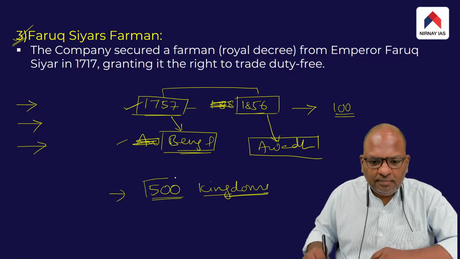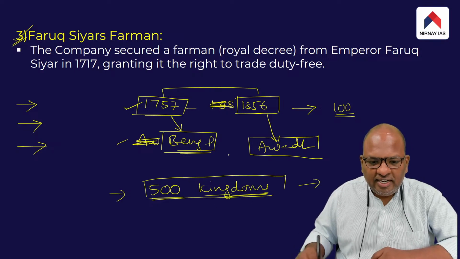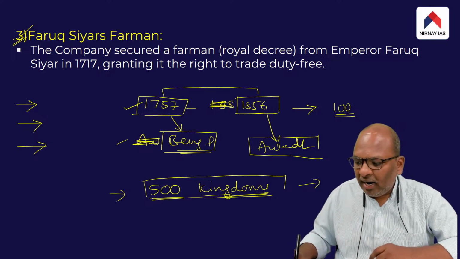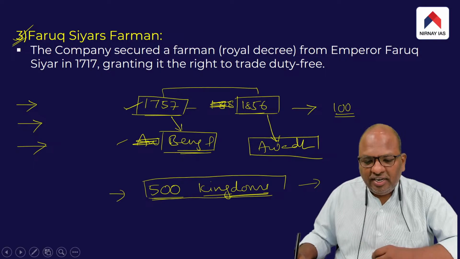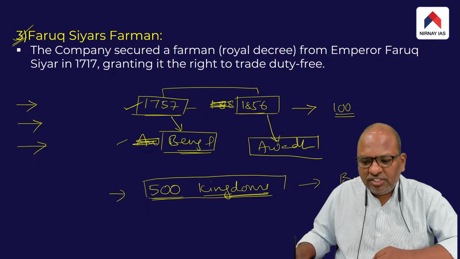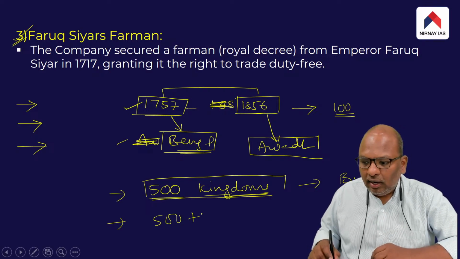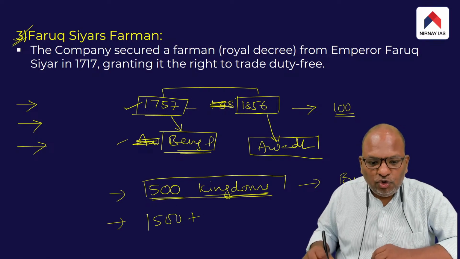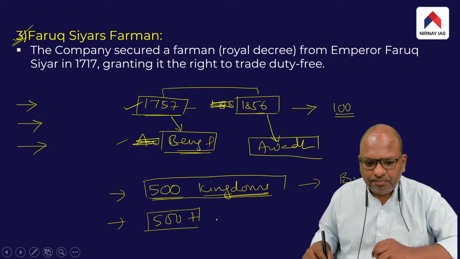By conquering these 500 kingdoms, it brought their territory under its direct control. That part of India that came under the direct control of the British came to be referred to as British India, whereas another 500 plus kingdoms continued to be under the control of various rulers.